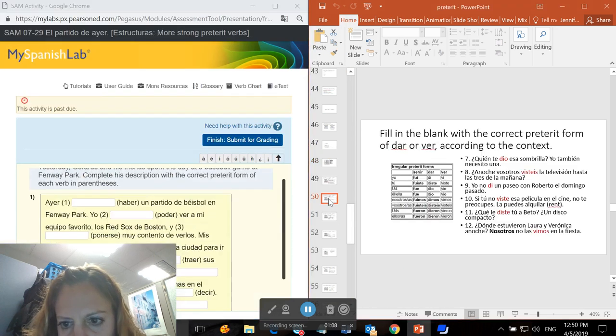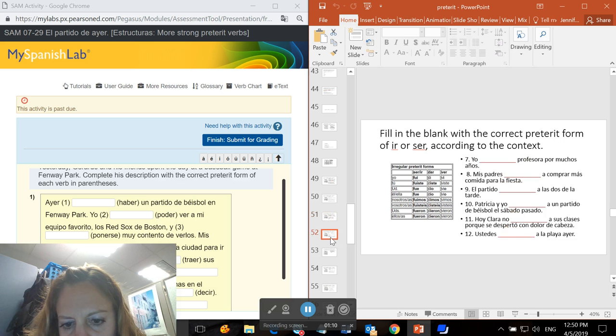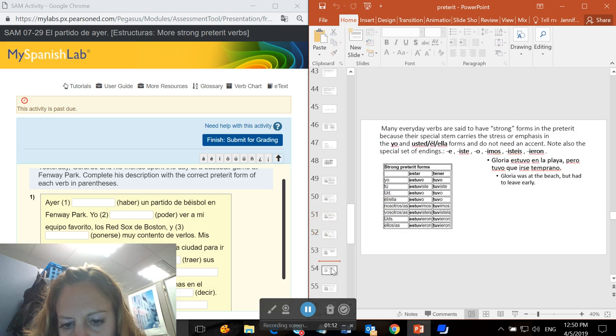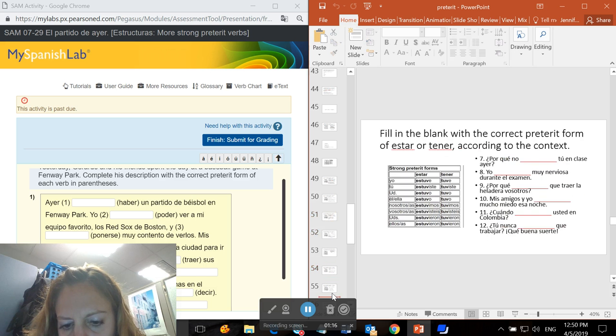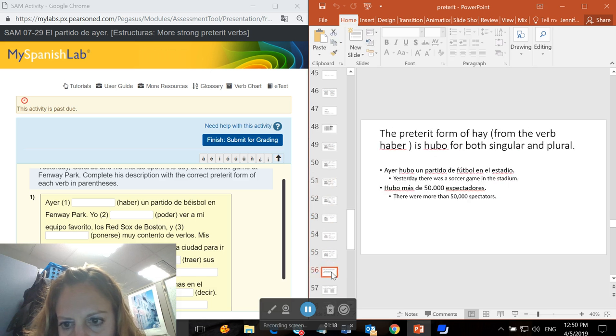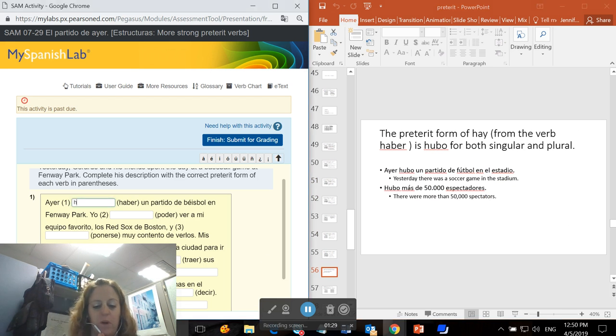They do talk about haber. Whenever you have haber for the preterite, you're just going to use hubo. There is no other option. It's just hubo. So like for number 1 up here, you should have put hubo.